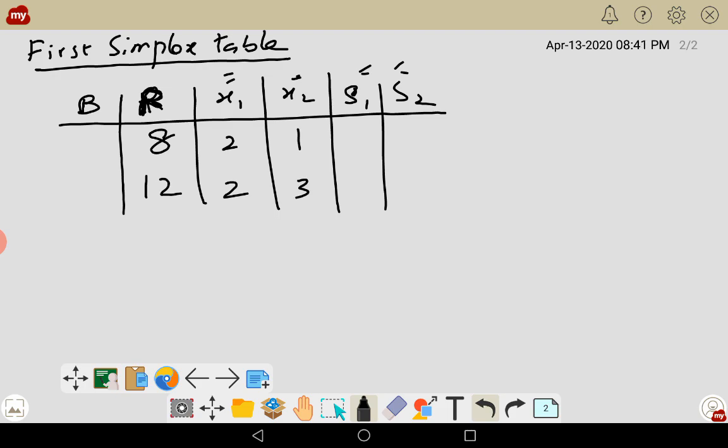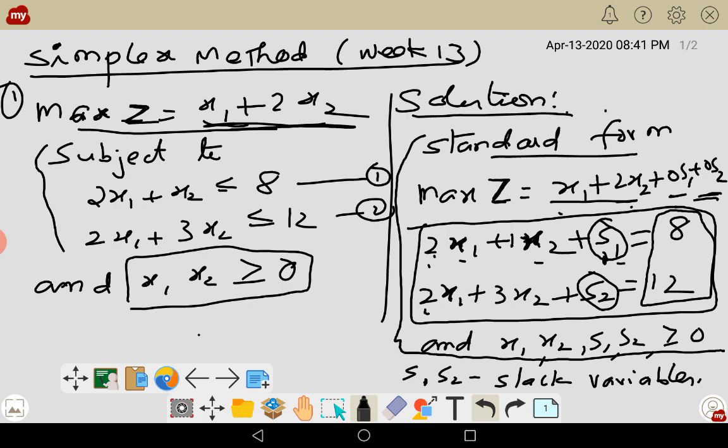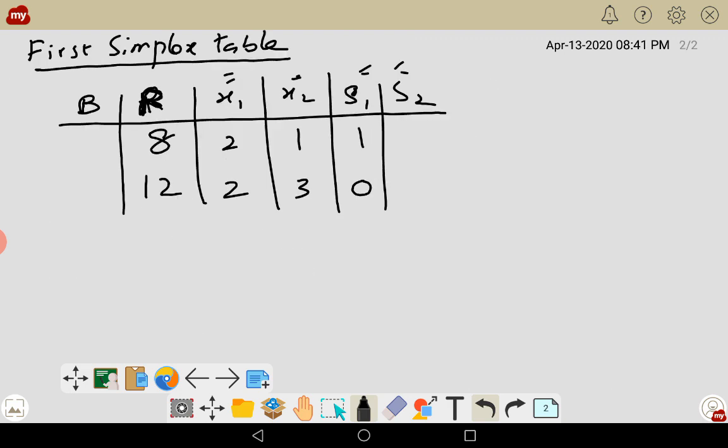Now s1 and s2, you go back. There is s1 in the first equation, but there is no s1 in the second equation. So 1 is the coefficient here, 0 is the coefficient in the second row. So this is 1 and 0.